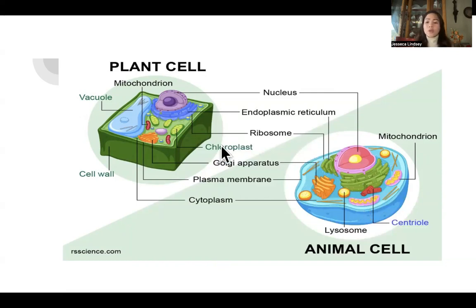I mean, the plant cell has a vacuole that the animal cell doesn't have. And this is a specialized organelle because plants need to store water. So they need to store food in the vacuole.